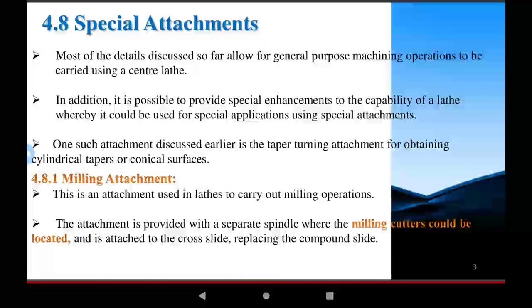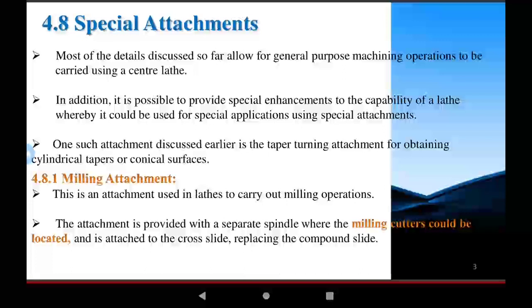The special attachment: for special manufacturing operations, use of the special attachment means use of special cutting tools and special materials, selected as standard, with some parameters considered and discussed in detail for general purpose machining operations carried out using the center lathe machine.